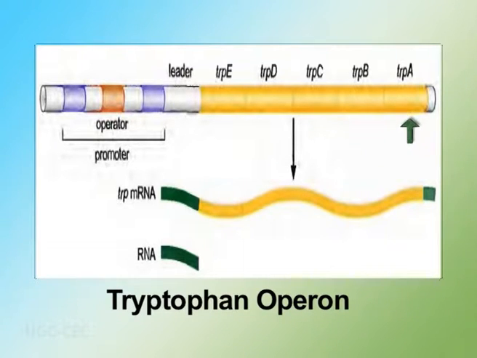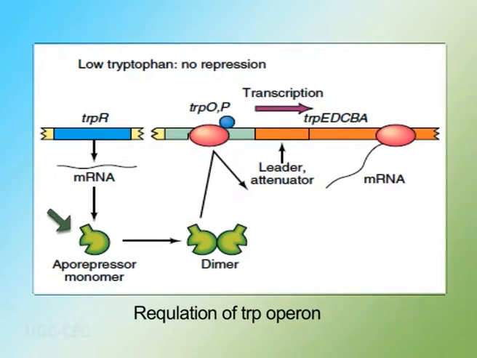And here we will see that when the cells are growing in the presence of tryptophan, the cell really doesn't need to synthesize tryptophan. So what happens is that there is a synthesis of a molecule called aporepressor.